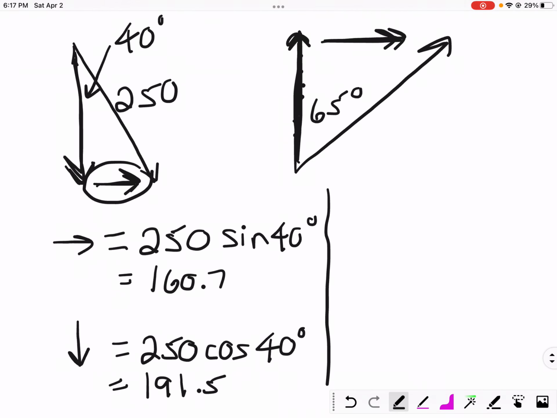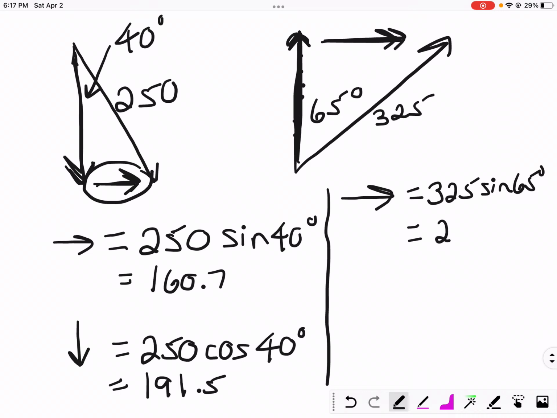This one up here, the part going east, this one here's 325. So it is 325 times, it's the opposite side, so sine of 65, which is going to be 294.6.